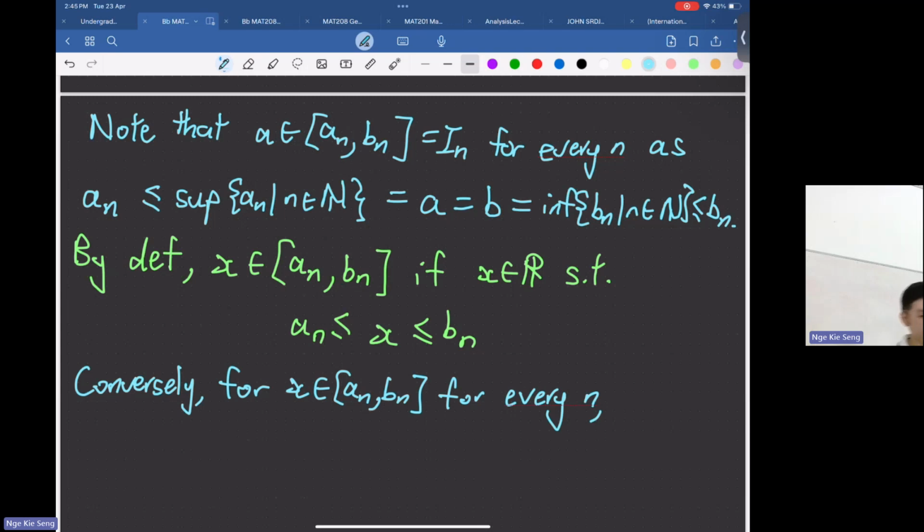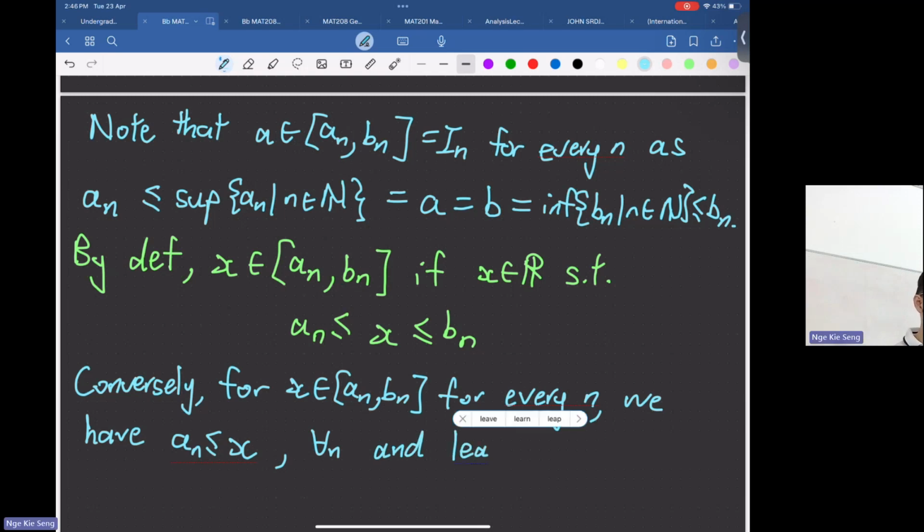What do we have? For this case here, we have that X is greater than or equal to An. Okay, meaning what? This is an upper bound for An.